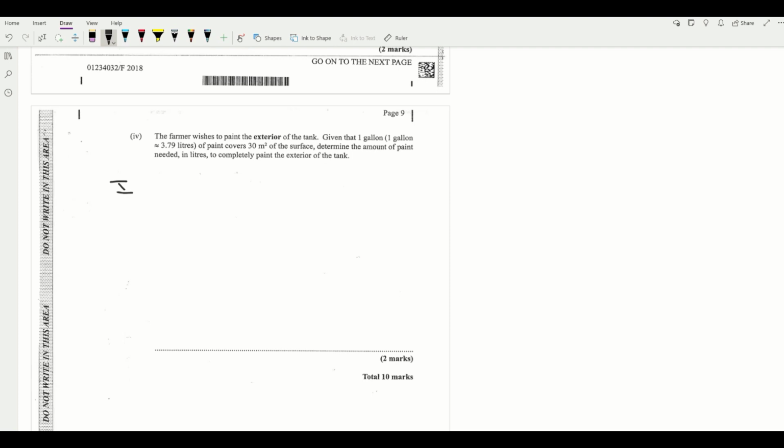If 1 gallon is equal to 30 meters squared, then 1 meter squared would be 1 over 30.